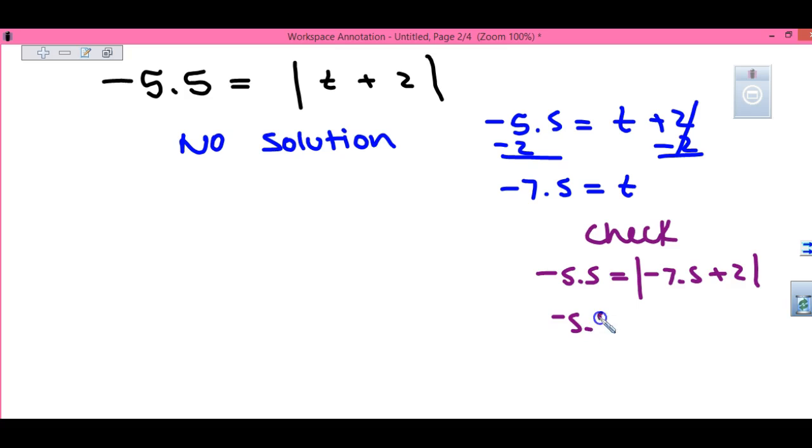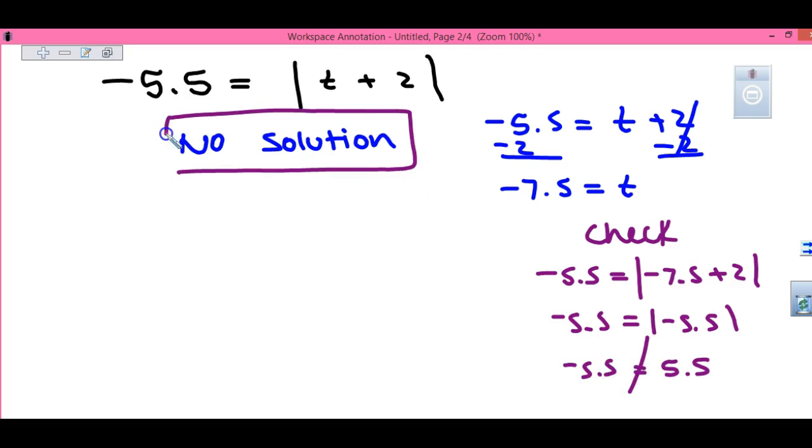You get negative 5.5 is equal to the absolute value of negative 5.5. But the absolute value of negative 5.5 is positive 5.5. So is this true? No. Therefore, there is no solution. And I didn't work it out with this as a positive, but because of this, there is no solution.